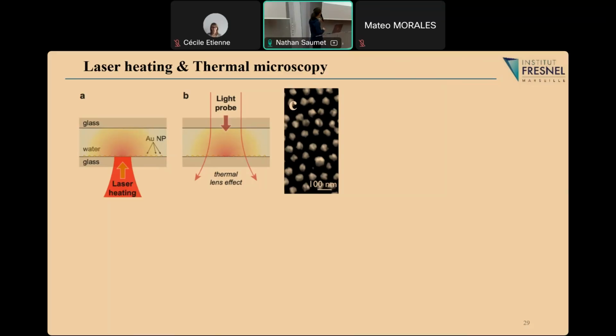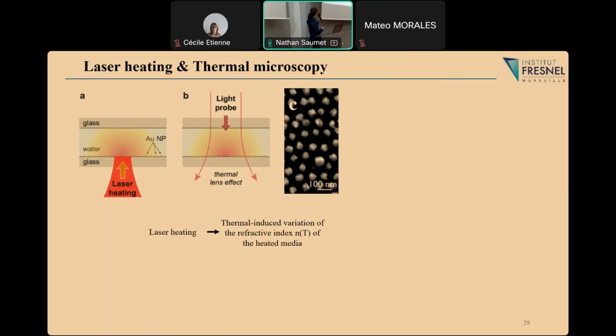So the gold sample was looking like this. And the system is working as follows. So we have the laser beam. It will hit the nanoparticles. The nanoparticle will heat the environment, which is water. Upon this, the refractive index of water is dependent on the temperature.